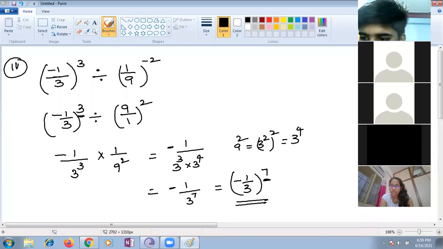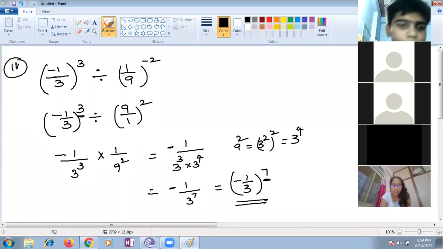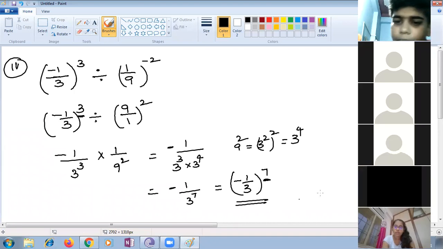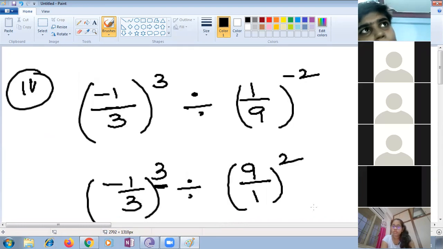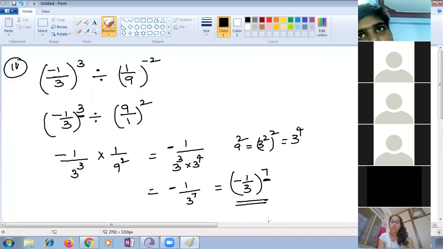Right. Satvik, what's your doubt now? Ma'am, in this I did not convert division into multiplication. I got minus 1 by 27 divided by 81 by 1. Ma'am, I divided 81 by 27 and got minus 3 by 1.